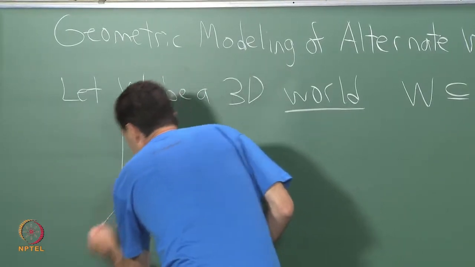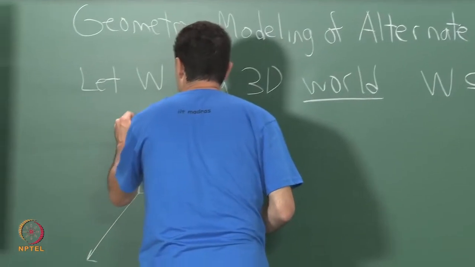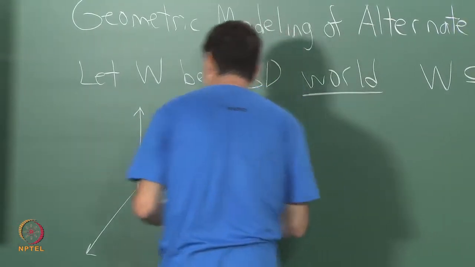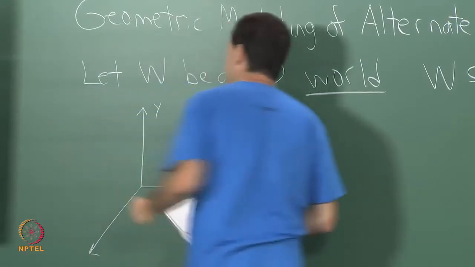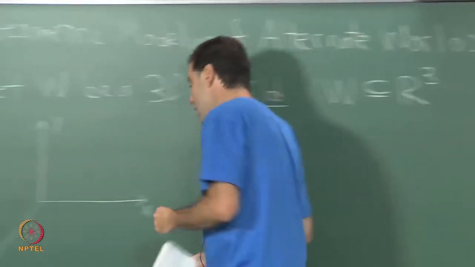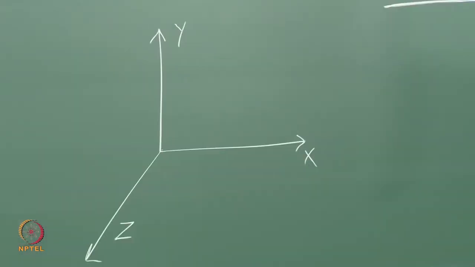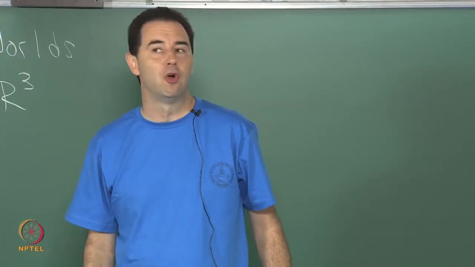Let me define a coordinate system. We'll have x going horizontally, a y-axis going upward, and z coming out of the board, done so that we have a right-handed coordinate system. I'll use right-handed coordinate systems all the way through.